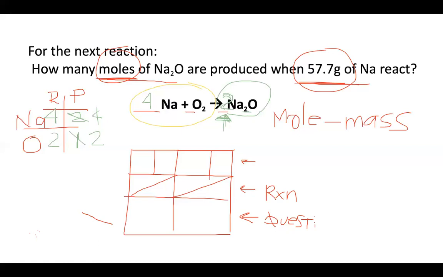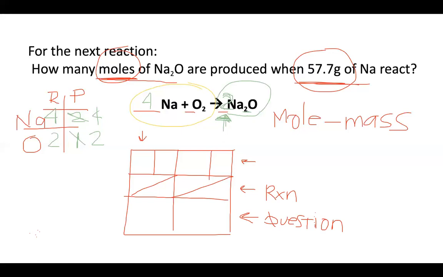So here we have the question. How do we fill the information in this big box? Remember, in the first box, I am going to be writing the first element or compound that appears in my question.